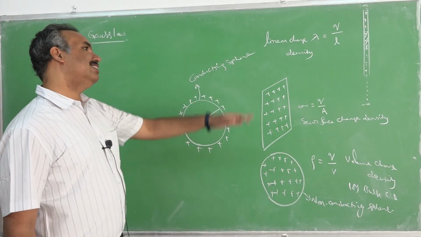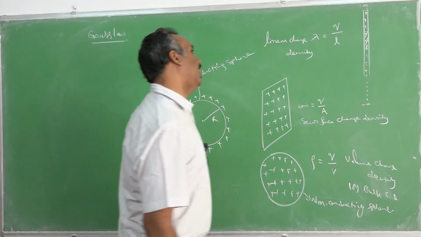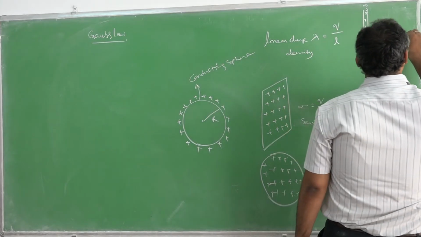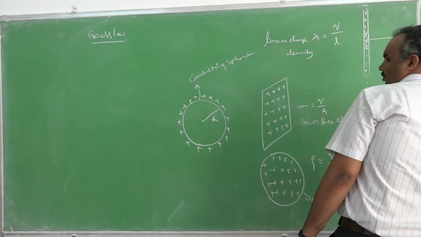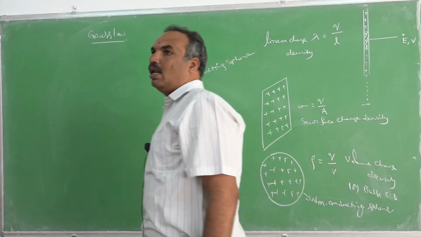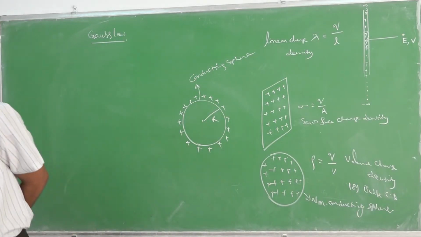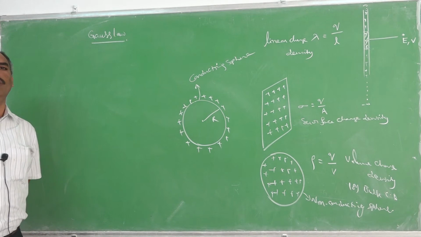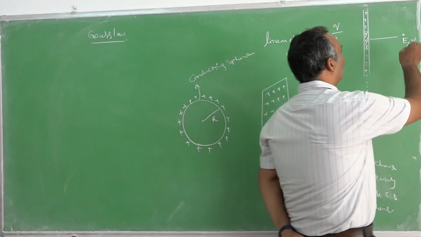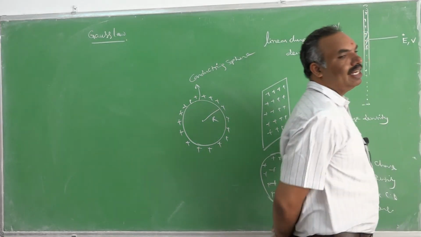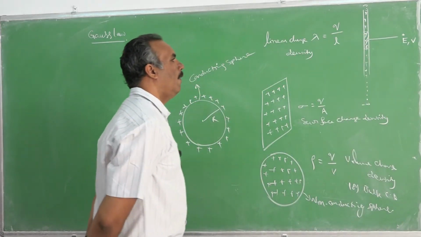By considering these things, we are able to find electric field strength or electric potential at a particular point from linear charge distribution, surface charge distribution or volume charge distribution. Once we are able to find this electric field, you can easily calculate electric potential.